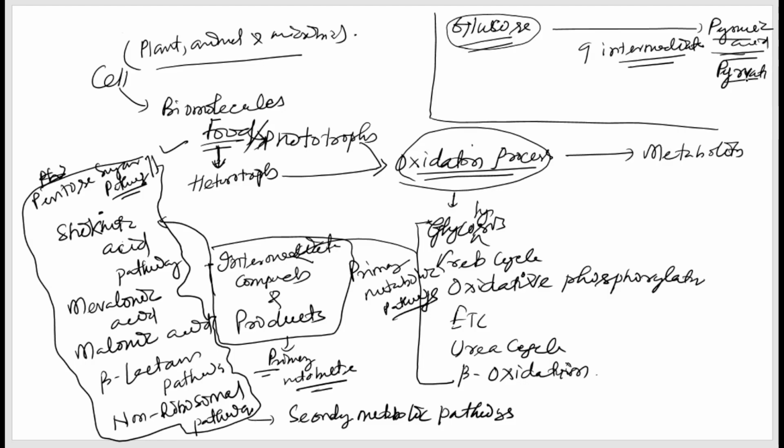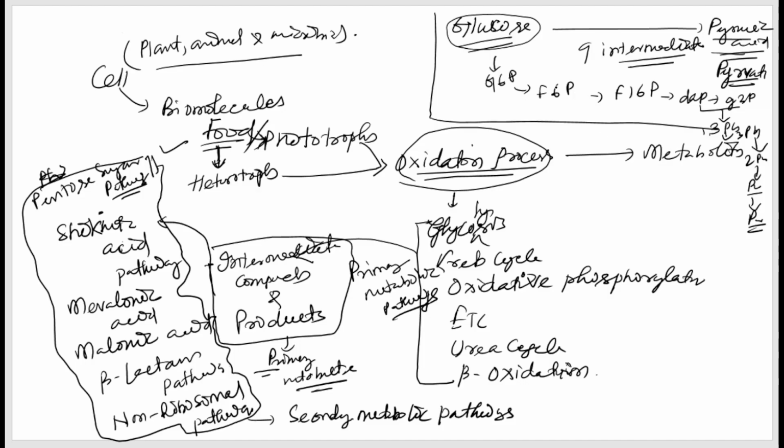From glucose 6 phosphate, fructose 6 phosphate, then fructose 1,6 bisphosphate, then dihydroxyacetone phosphate, glyceraldehyde 3 phosphate, then 1,3 bisphosphoglycerate, 3 phosphoglycerate, 2 phosphoglycerate, phosphoenolpyruvate, and in the last, pyruvate.